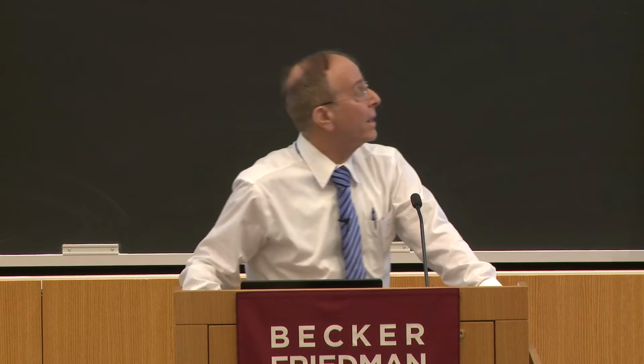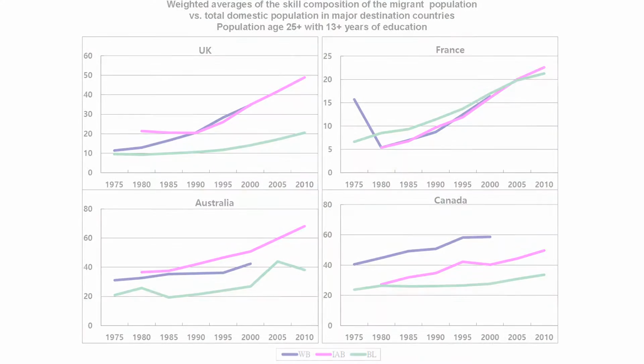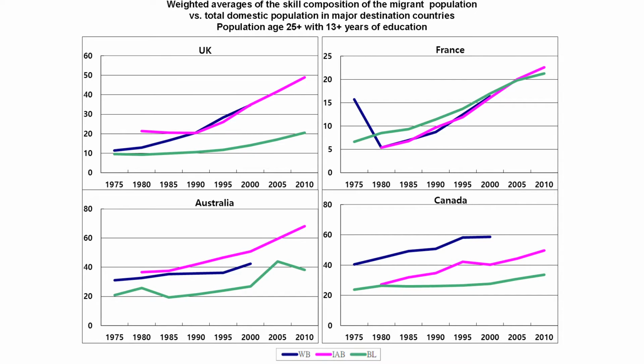But secondly, and that was the other important characteristic of these 4 charts, that the skill composition of these new migrants exceeds the skill composition of the native populations, because otherwise you couldn't see the charts being the way they're organized here. So there is a rise in the skill composition of migrants from these countries that far exceeds, in some cases, the skill composition in the other 4 major countries.